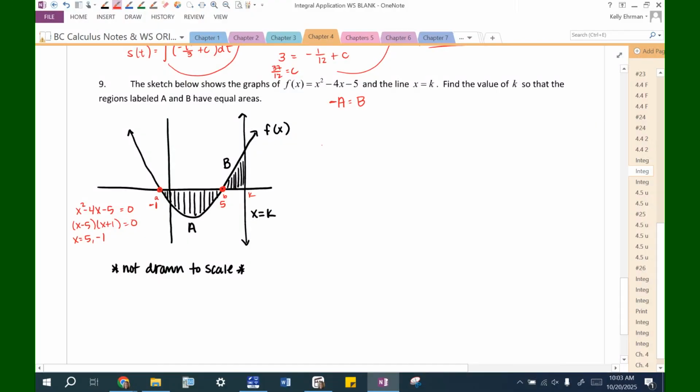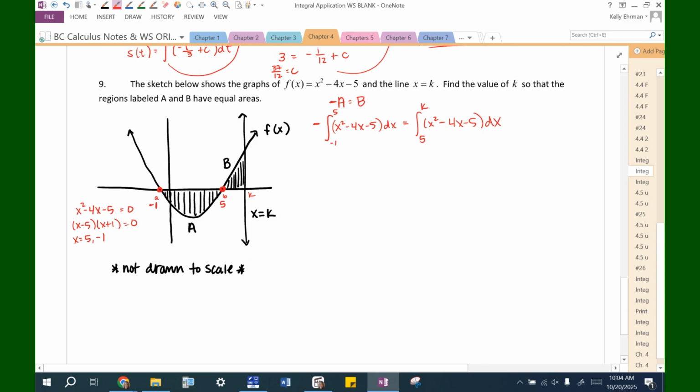All right, so let's set this up. A's area is negative, but I want these to come out both positive here. So it's negative integral from negative 1 to 5 of x squared minus 4x minus 5 dx. That should equal the area of B, which goes from 5 to some value k, and it's still the same function, x squared minus 4x minus 5 dx.